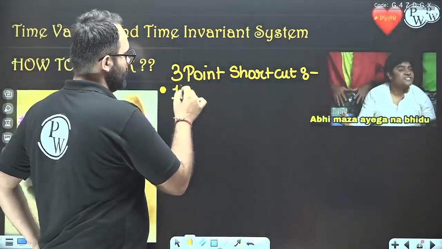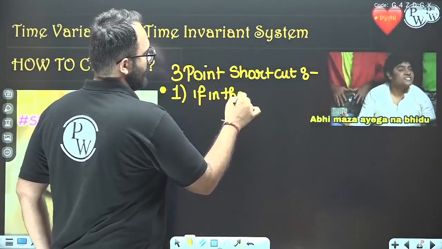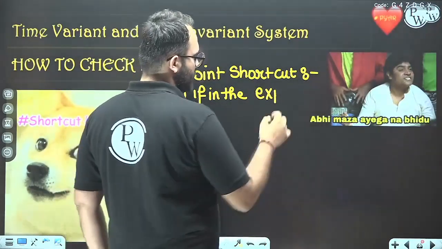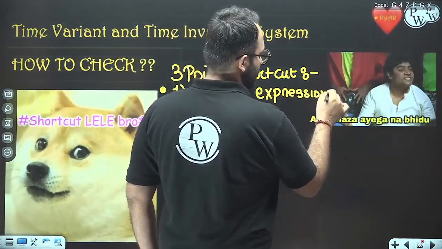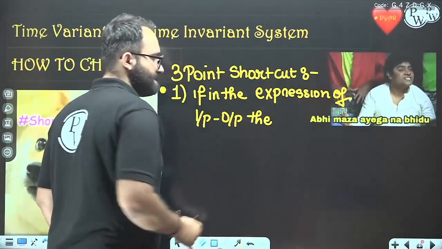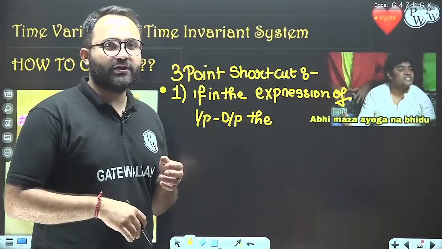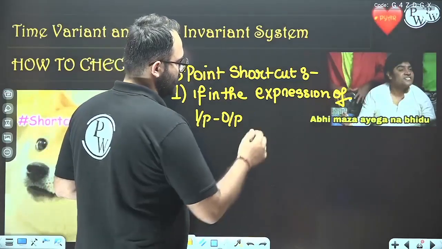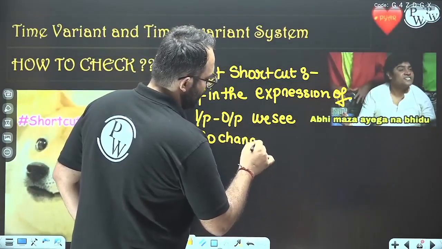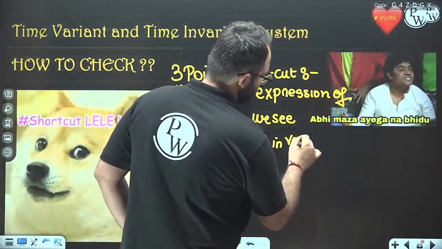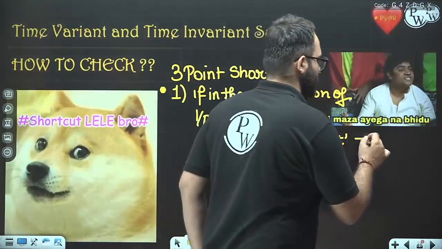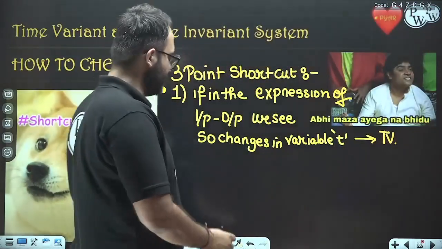The first point is: if in the input-output expression we see some changes in the variable t, then the system is time varying.